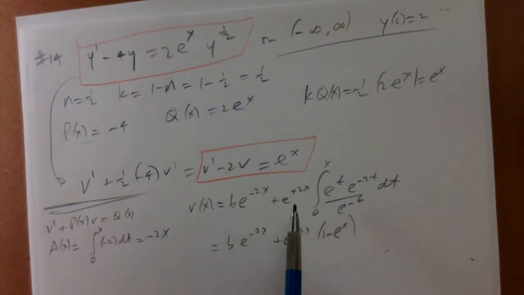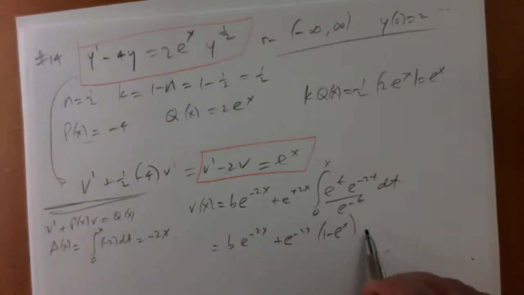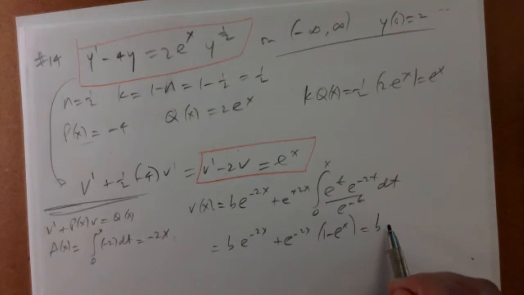And b, well, let's see. Let me just write it. So this is b, e to the minus 2x.